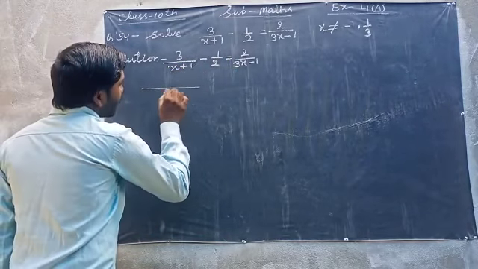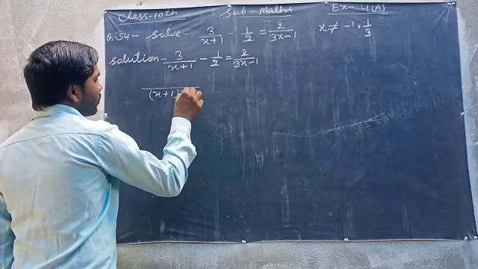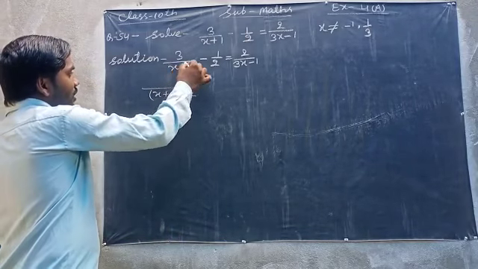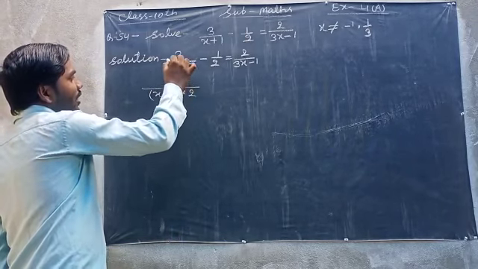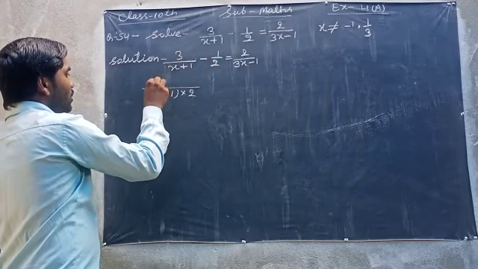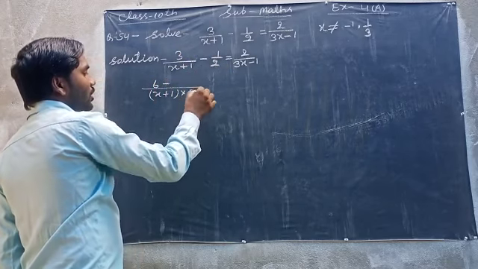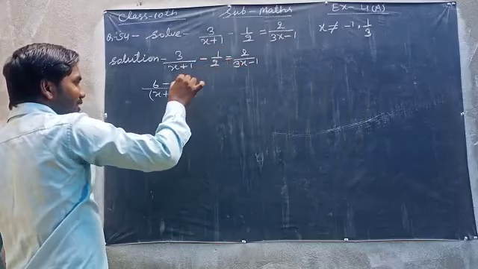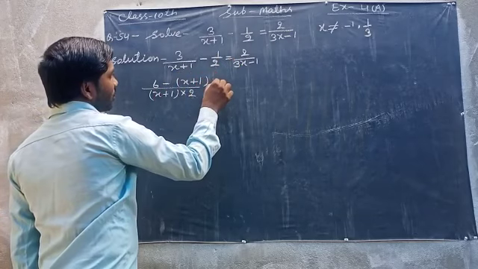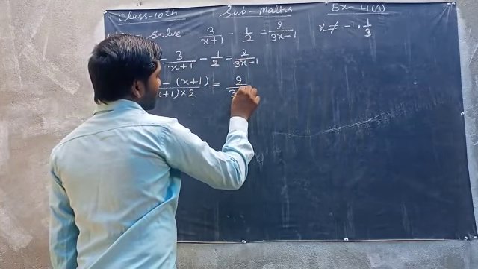So take the LCM of x plus 1 and 2. When this one is divided by x plus 1, we get 2. So 2 3s are 6, minus, when it is divided by 2, this 2 will be cancelled, so minus 1 into x plus 1, is equal to 2 upon 3x minus 1.